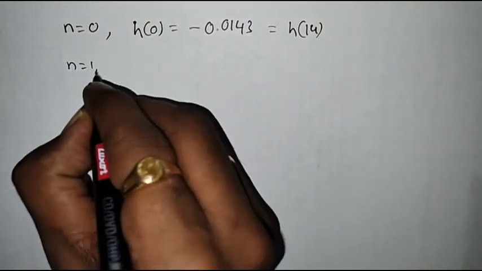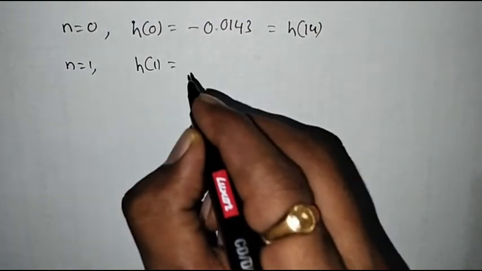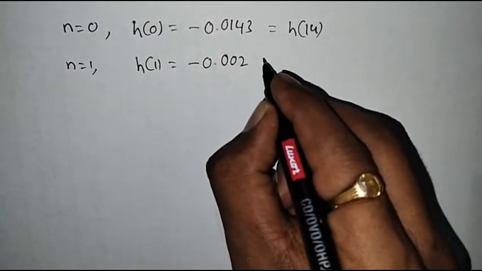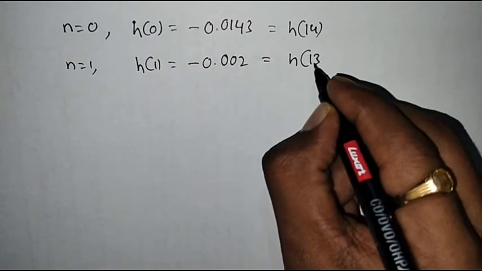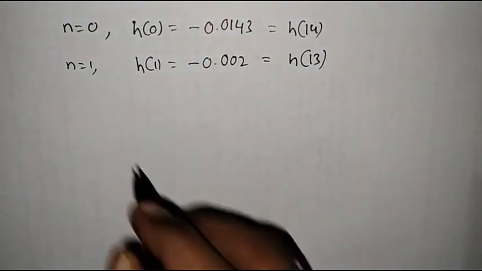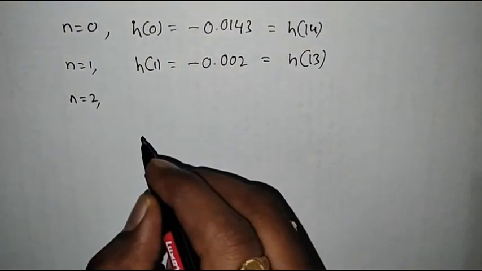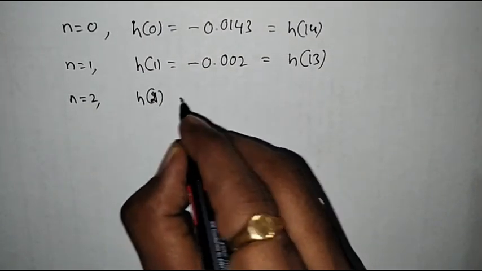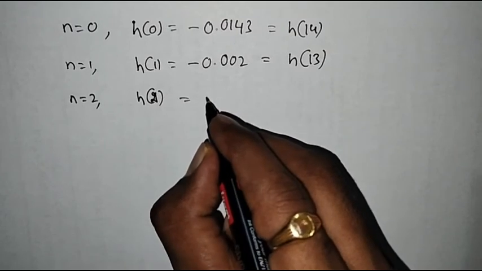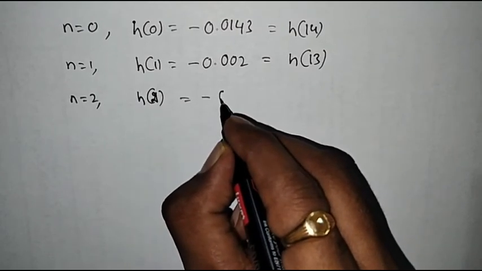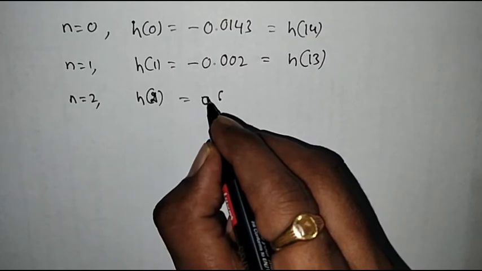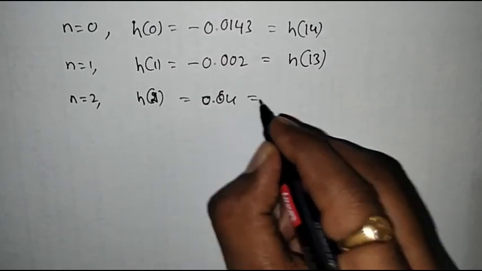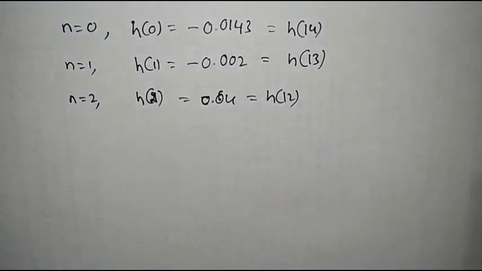Similarly, for n is equal to 1, we'll get h of 1 is equal to minus 0.002, which is equal to h of 13. Similarly, for n is equal to 2, we'll get h of 2, which is also equal to 0.04, equal to h of 12.